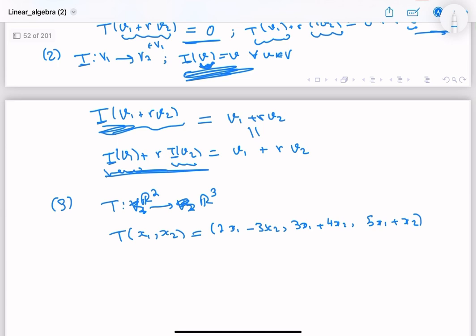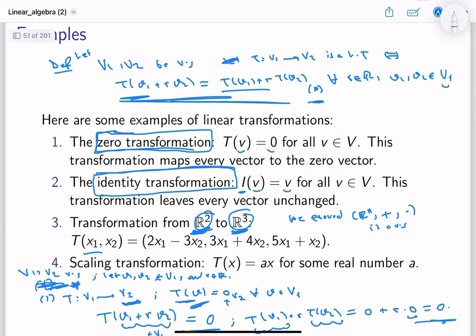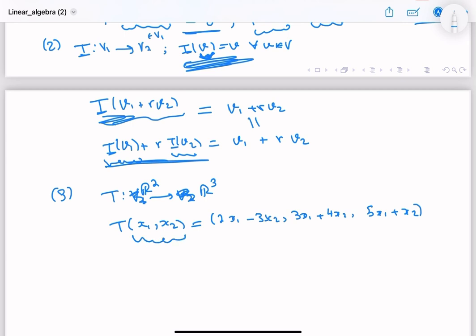So we want to check property star. We want to check that this property holds, right? And as you see here, the input is a tuple of size 2, like we have 1, 2 components. The output is in R3, and thus it has 3 components, 1, 2, 3.